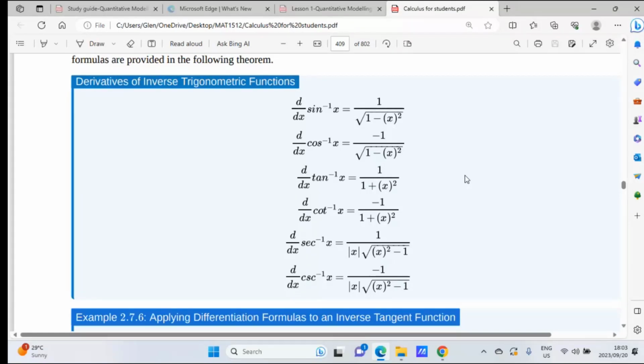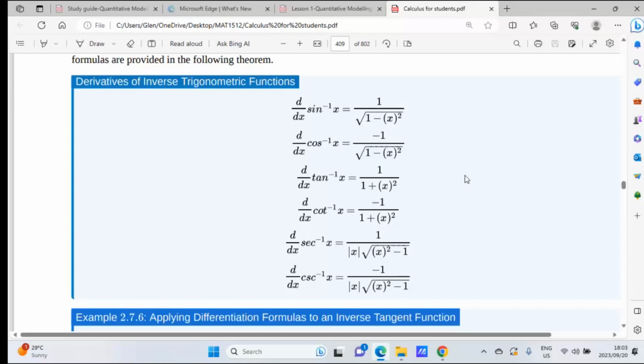Then the derivative of the inverse of cos x is equal to negative 1 over the square root of 1 minus x all squared. Do you see the difference between the derivative of the inverse of sine and the derivative of the inverse of cos? What is the difference? The negative sign. Thank you. Now let's continue.